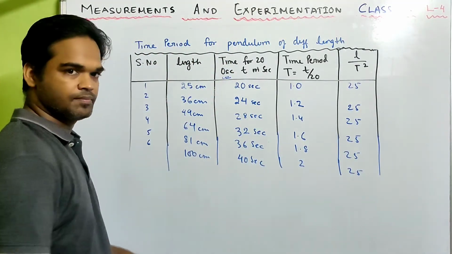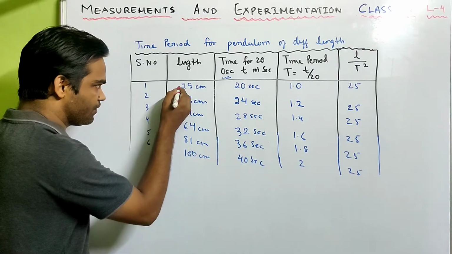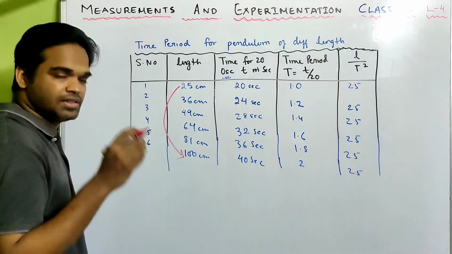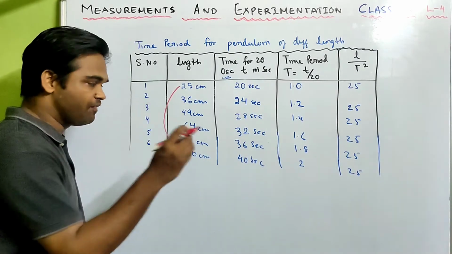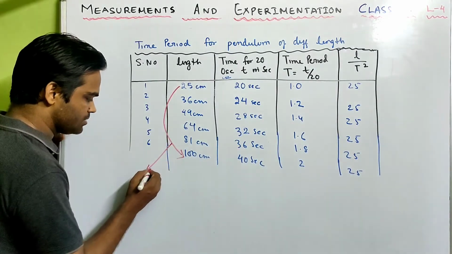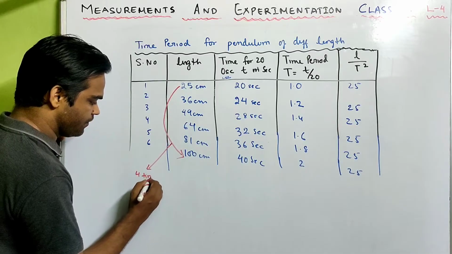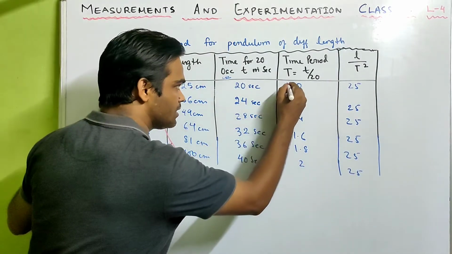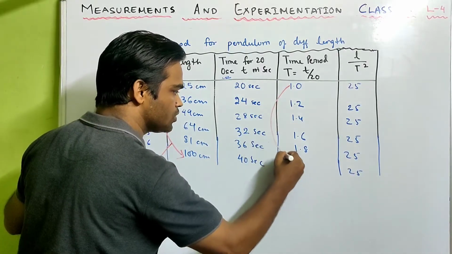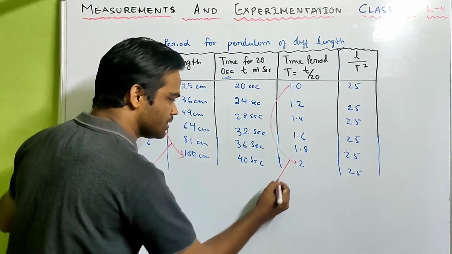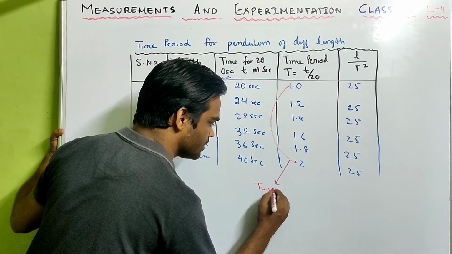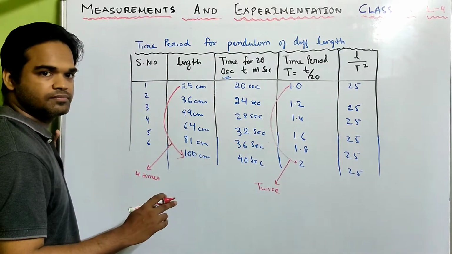Now look carefully. If I increase the length of the pendulum 4 times, then the time period also increases, but the time period increases 2 times, twice. Am I clear or not?